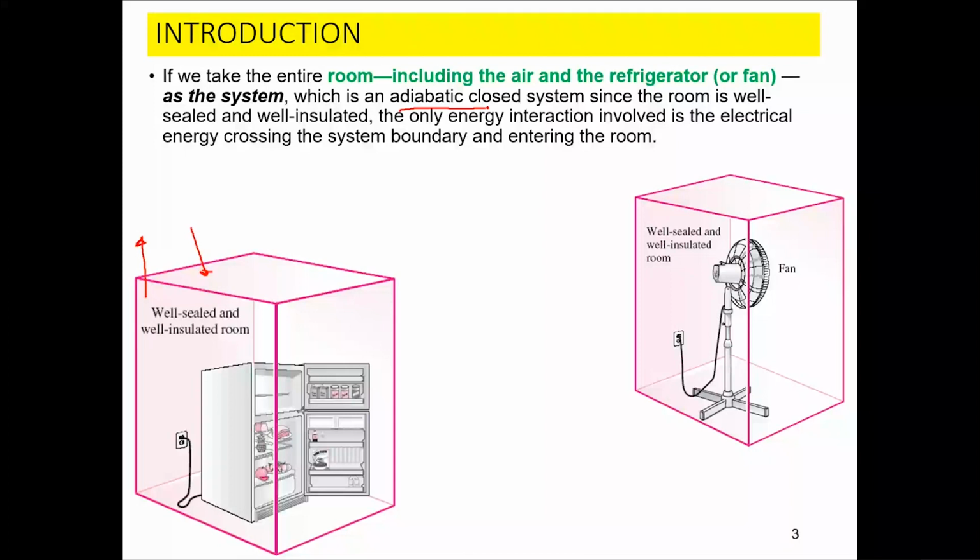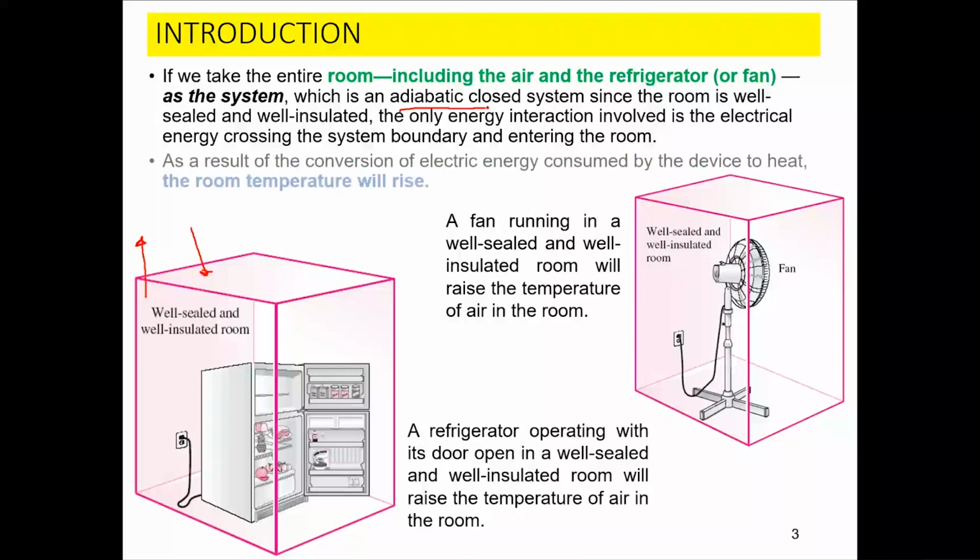That's what adiabatic means. We'll revise the term again. So in that case, the electrical energy coming into the room would ultimately convert into heat, which would increase the temperature of the room because there is no other device to store that energy.